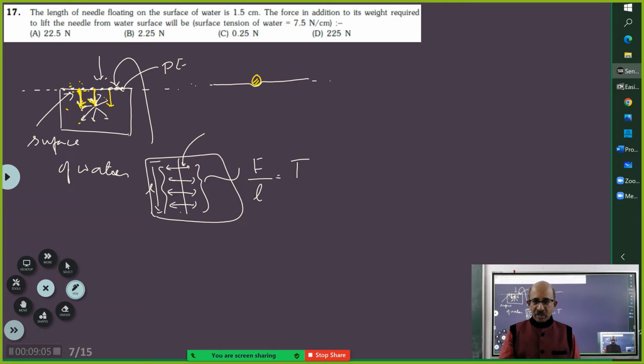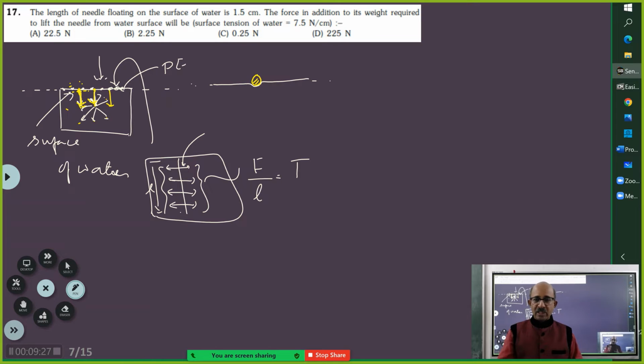Only then will the potential energy of the molecules in the surface be minimum. Therefore, it will try to make a surface whose area is minimum. Then the number of surface molecules will be less, and therefore the potential energy will be less.